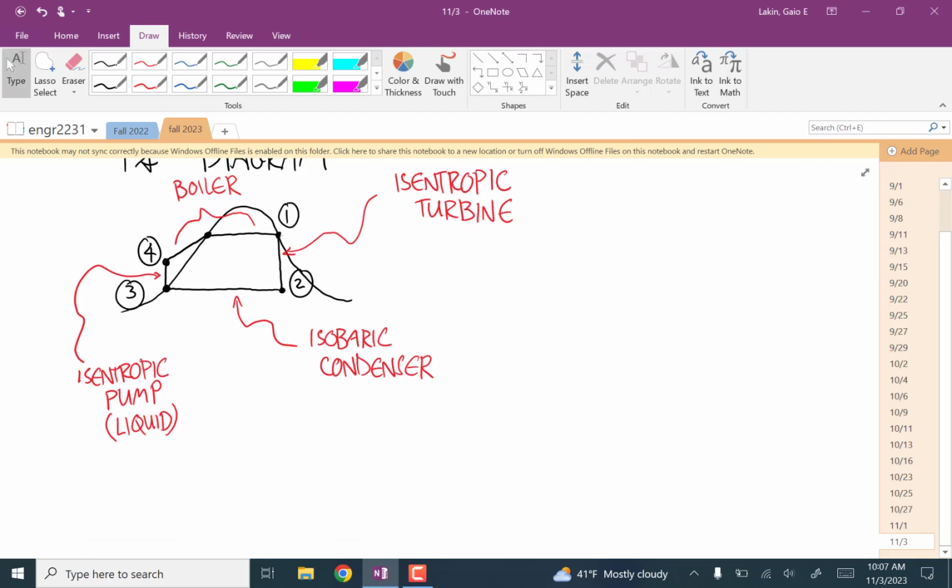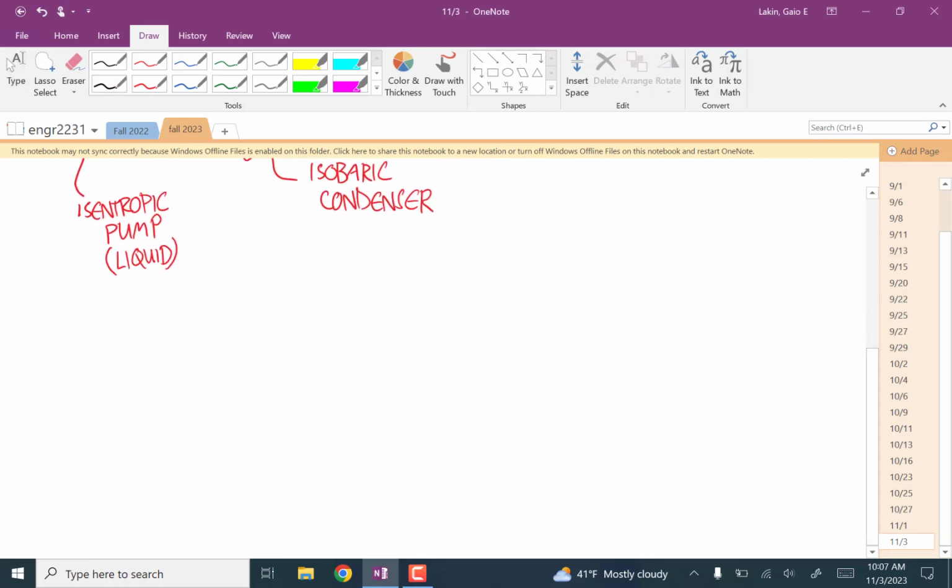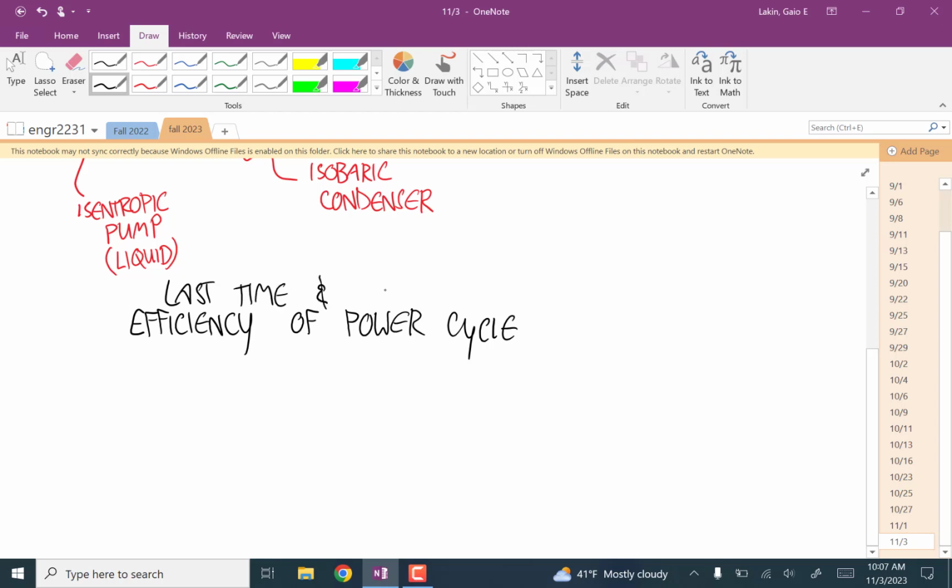Last time we showed, so that's what we're doing right now, going through a bunch of derivations about calculating the efficiency of this power cycle. So that was last time.